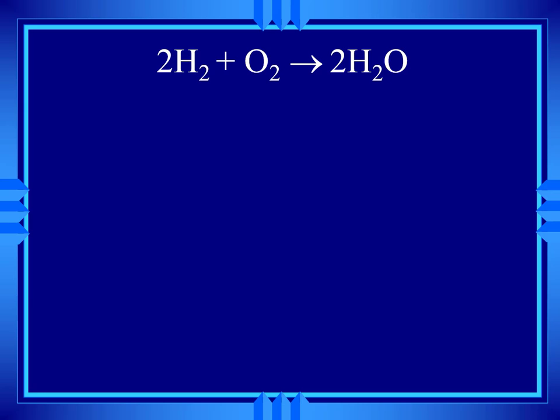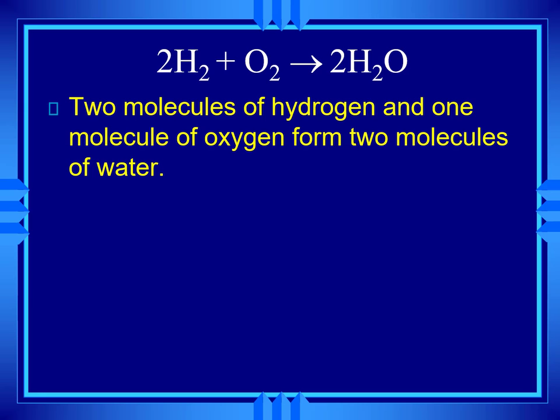So what this equation is saying is that 2 molecules of hydrogen and 1 molecule of oxygen form 2 molecules of water. Isn't that what those numbers really mean?